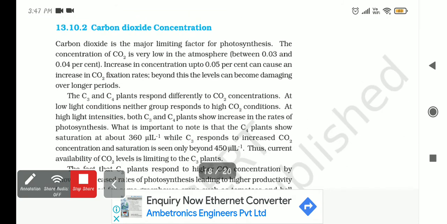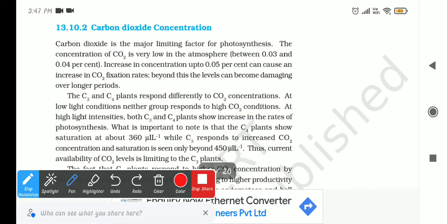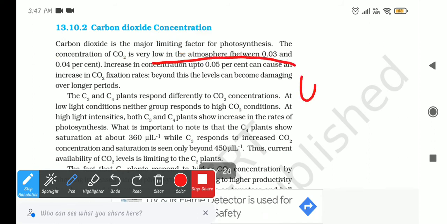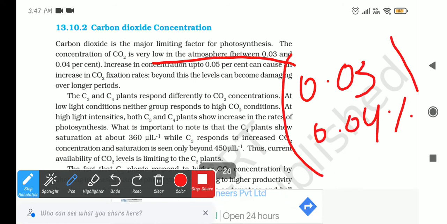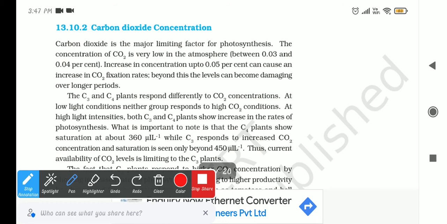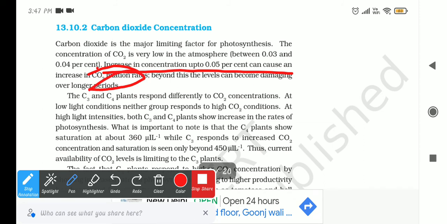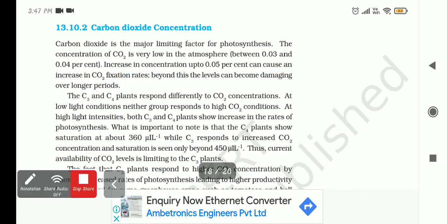Next we have CO2 concentration. CO2 is the major limiting factor for photosynthesis. The concentration of CO2 in the atmosphere is low, between 0.03 and 0.04%. An increase in the concentration up to 0.05% can cause an increase in CO2 fixation rates, and beyond this level it becomes damaging over longer periods.